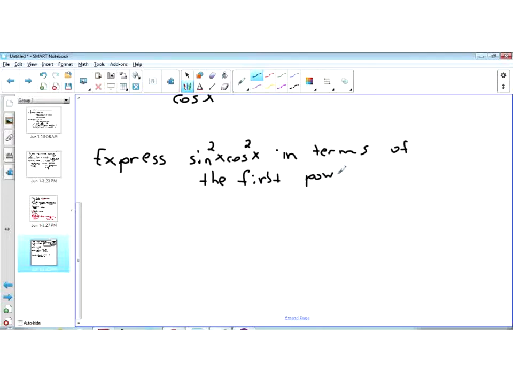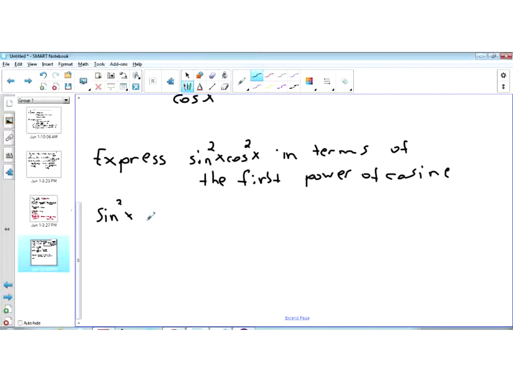So we don't want any square terms. All right, so we just plug in those relations we just derived.